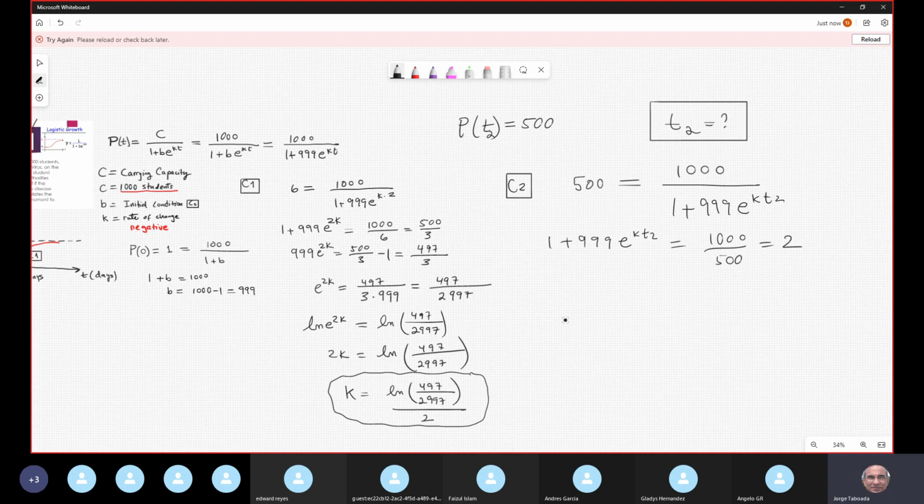Cool. Now 999 e to the kt2 is equal to 2 minus 1, because this one I bring to the other side like a minus 1, so 2 minus 1 is 1. So obvious. Now divide both sides by 999.